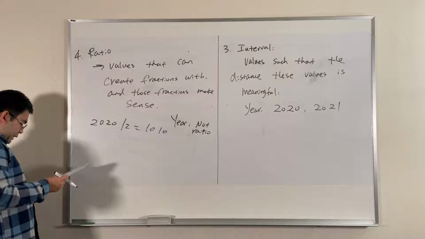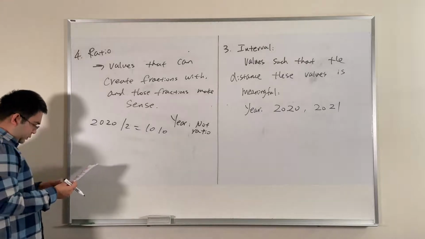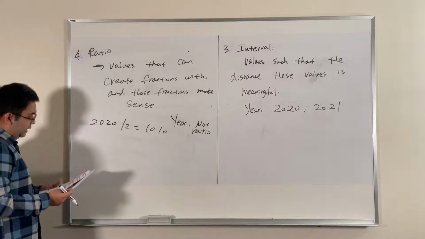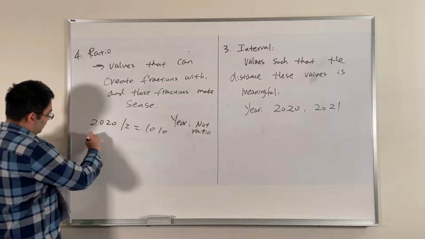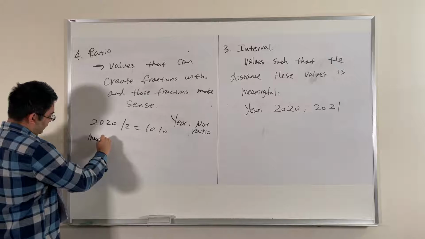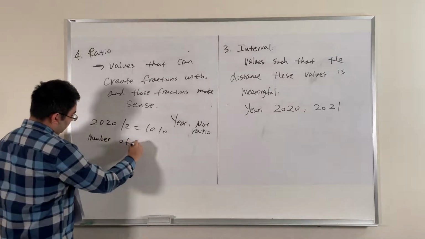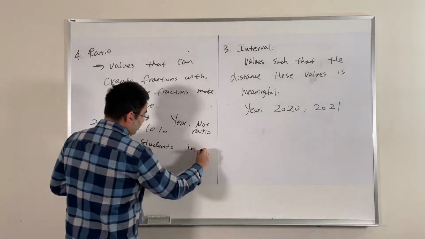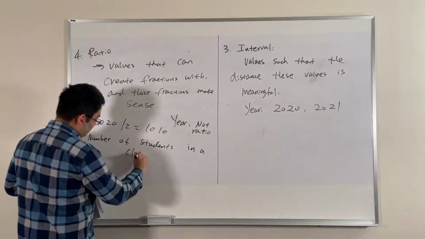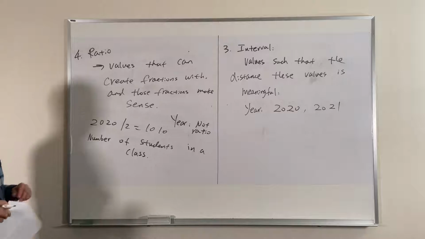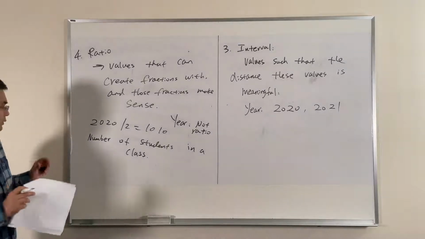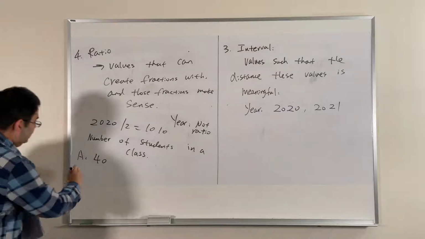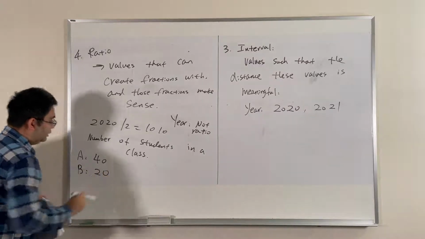Okay, now let me give you an easier example: the number of students in a class. Let's randomly say class A has 40 students and class B has 20 students.